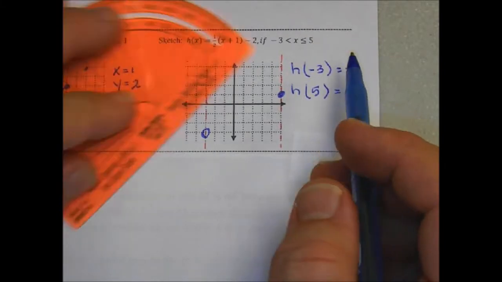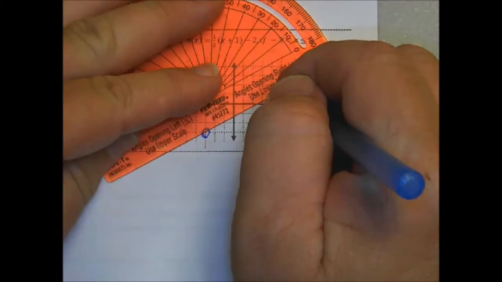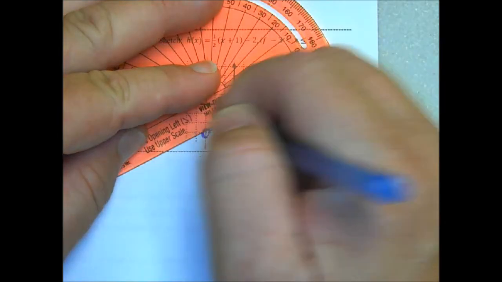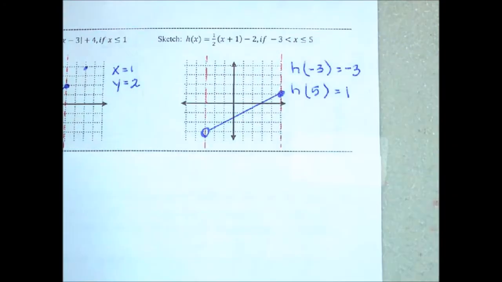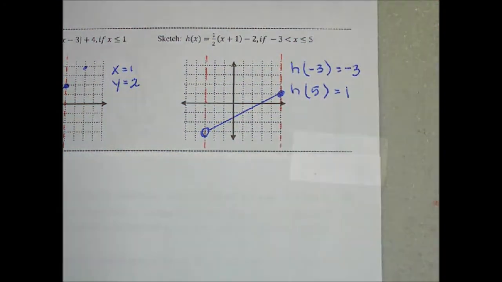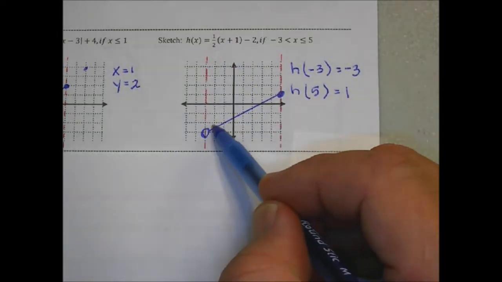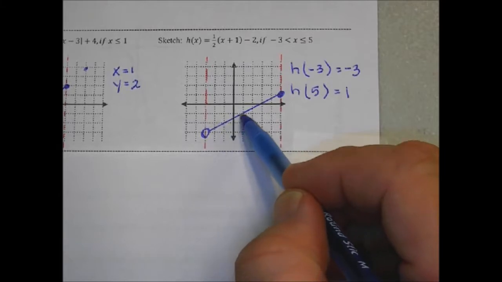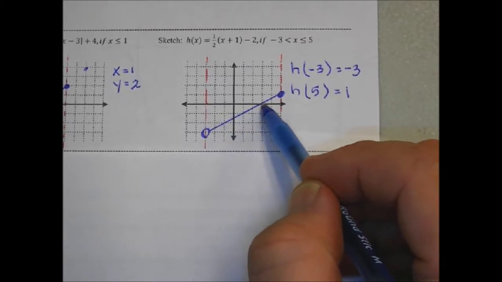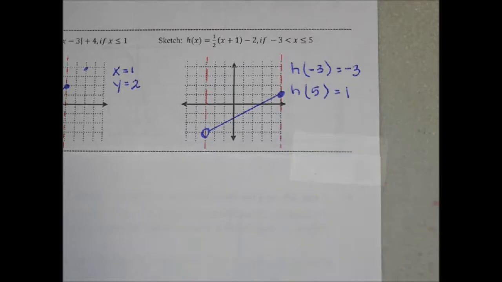Those are my 2 endpoints according to the boundaries. Just join them. If you want to check and make sure this is right, the slope better be right. Up 1 over 2, up 1 over 2, and so on.